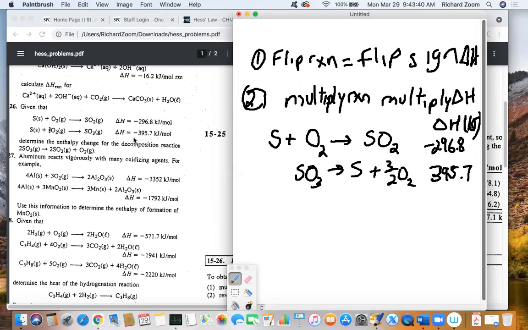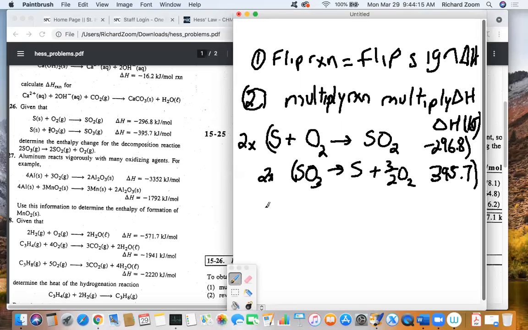Okay. Now, looking at this, the other thing that you'll see is the coefficients aren't what we need either. So in the reaction we have an SO3 with a 1 in front of it effectively, but what we need is a 2. So what I'm going to do is take this reaction and multiply it by 2. You'll also notice there's a 2 in front of the SO2, so I'm going to go ahead and multiply the first reaction by 2 as well.